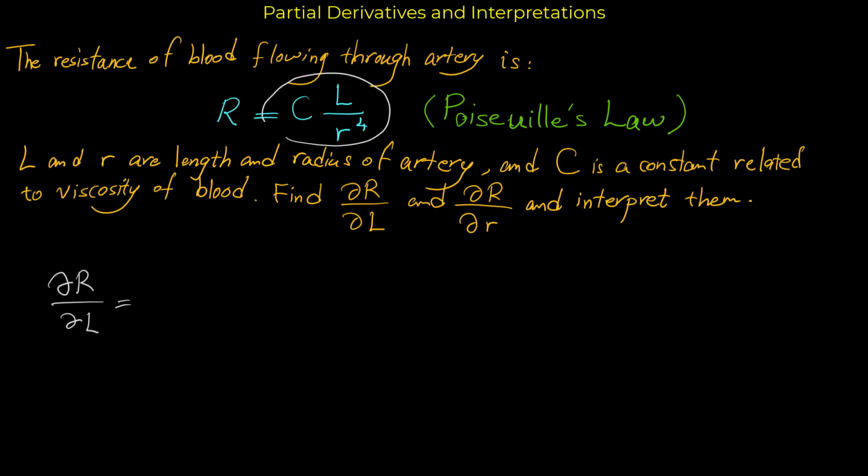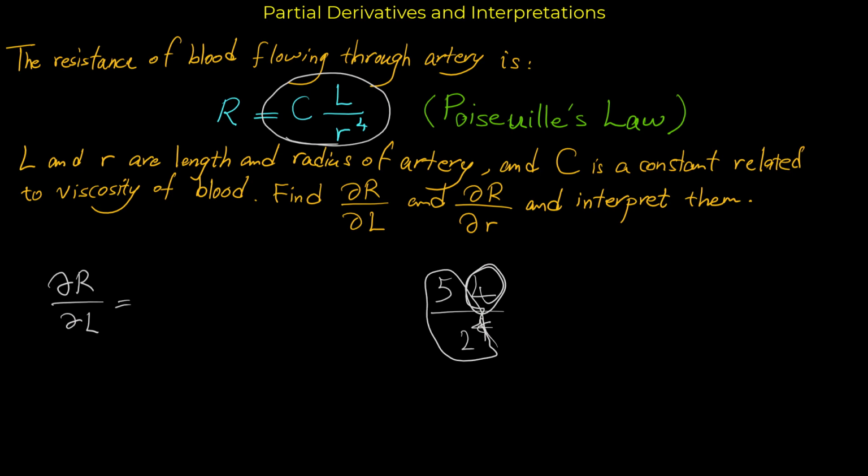For finding the partial derivative of this function with respect to L, attention, L is the variable. C and r at the time that you take the derivative with respect to L are constants. So this is similar to something like 5L over 2 to the 6 or 2 to the 4. These are constants.